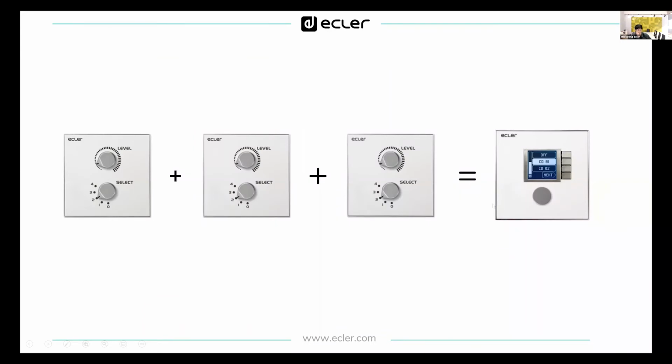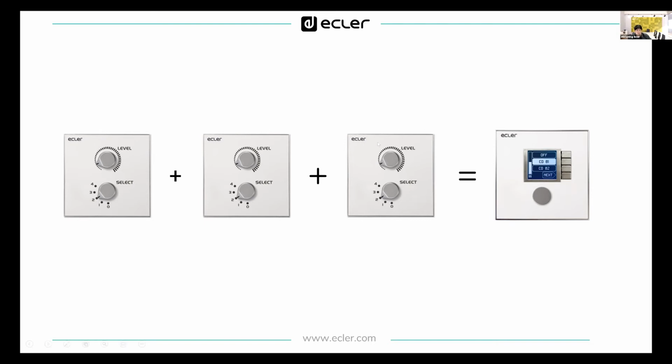But what happens is that 3 of these cost as much as one of the digital ones. So the project becomes more expensive, which is nice if the customer wants to pay it and is happy with that. But it's not nice if you will lose the project because of this.